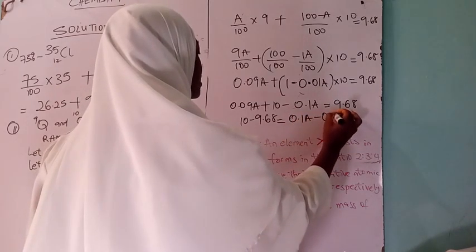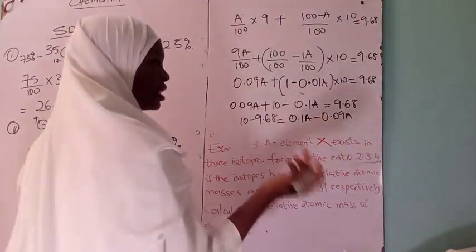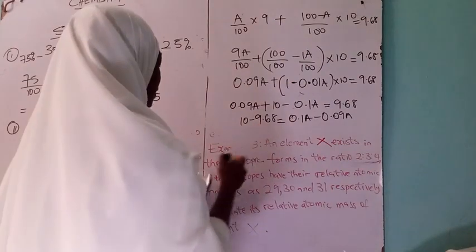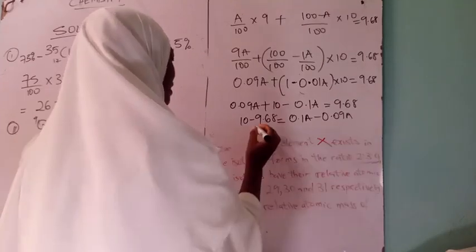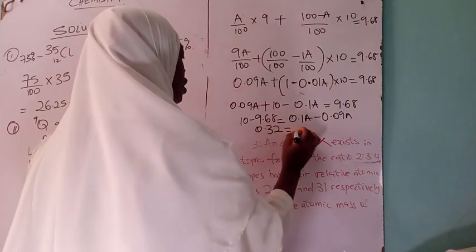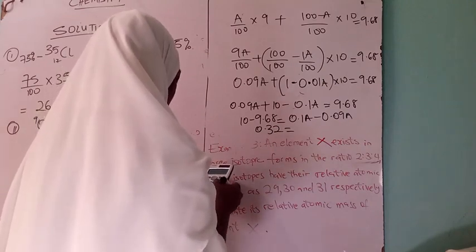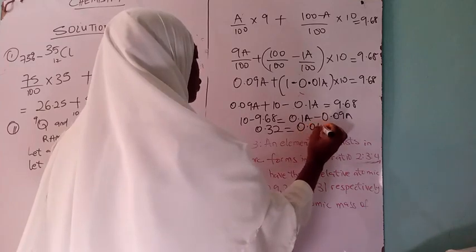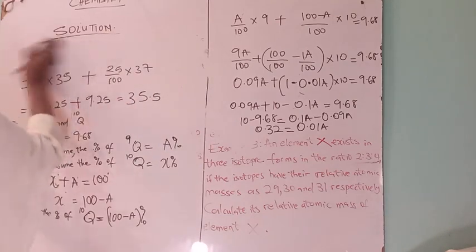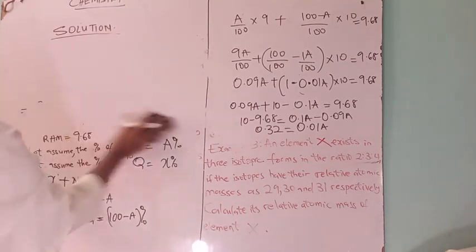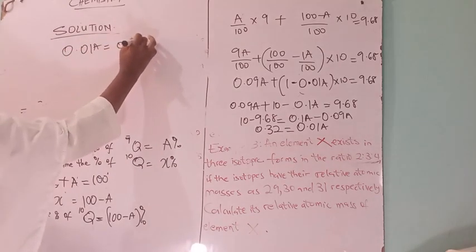We move those with letters to this side and those with just numerical value to this side. That is 10 minus 9.68 equals 0.1A minus 0.09A. So 0.32 equals 0.01A. You then have 0.01A equals 0.32.